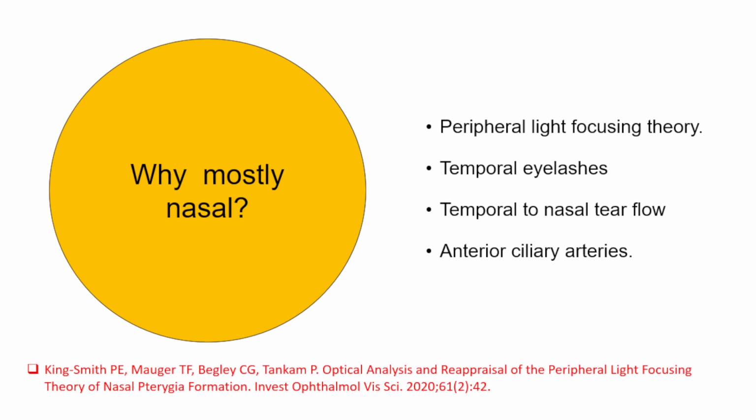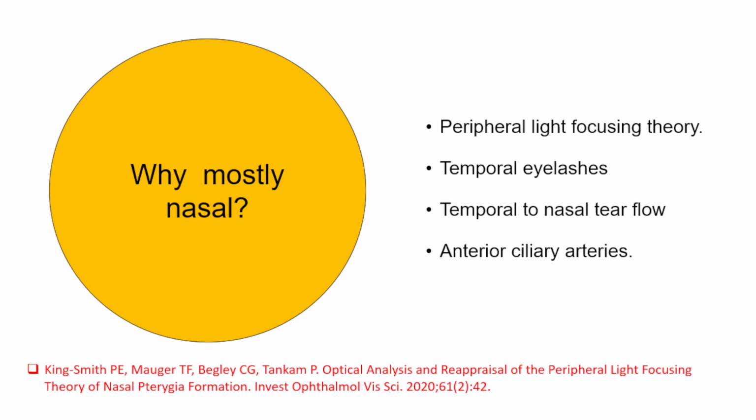Pterygium is mostly seen in the nasal aspect, though it can be seen bilaterally. Most commonly, it is nasal. There is a proposed theory that it is because of the prominent nasal bridge, the divergence of the light rays falling on the temporal limbus is dispersed compared to the nasal limbus, where it is focused more on the nasal limbus. But it is not proven.